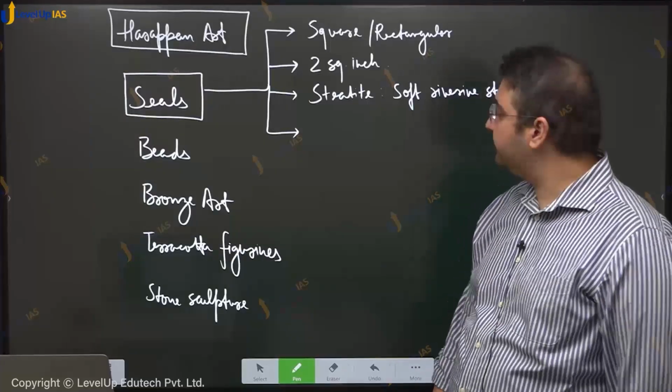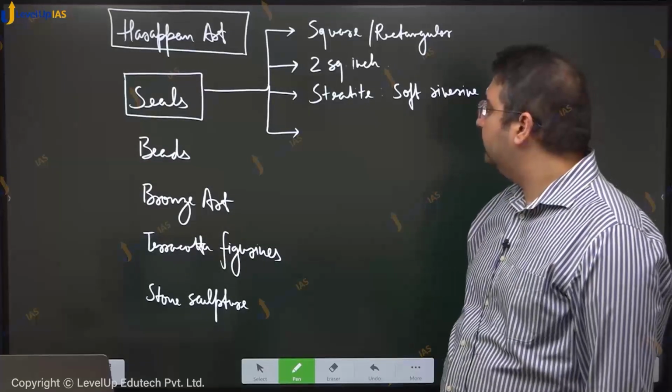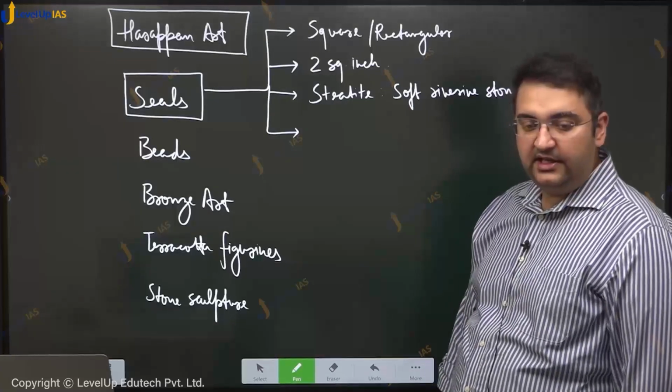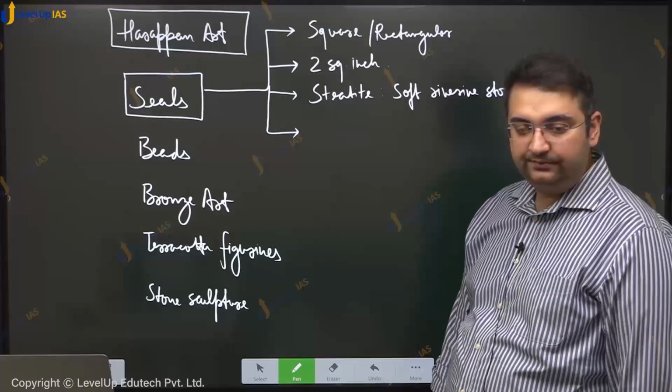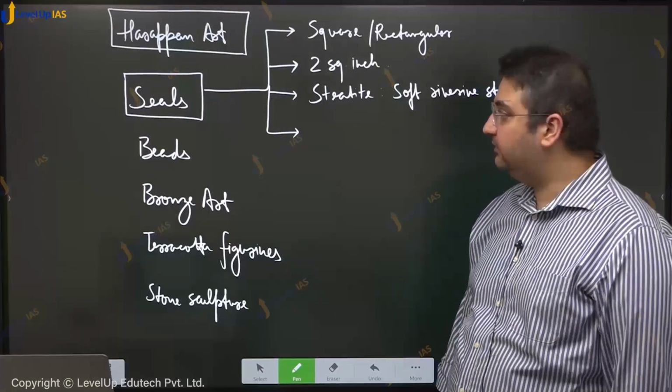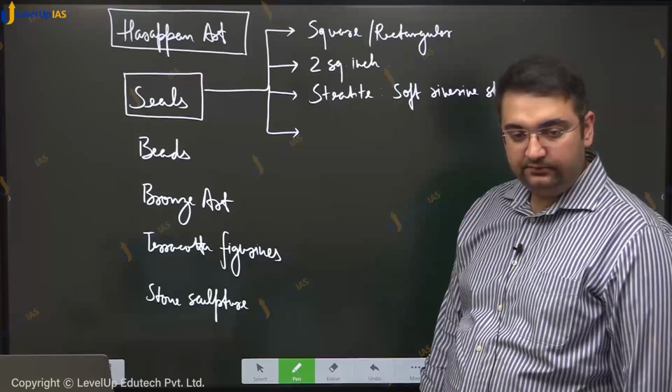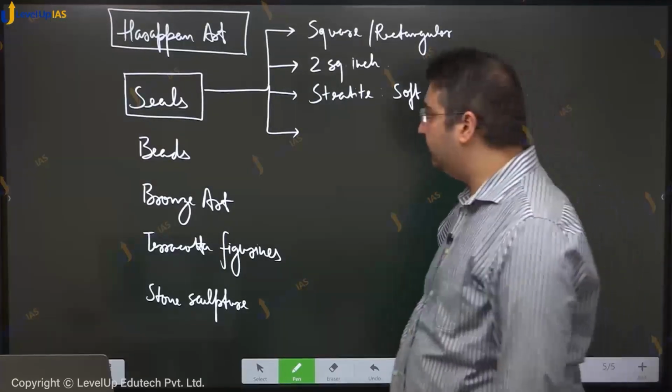It is a sedimentary rock, right? Then were these featureless or did they have certain etchings, certain carvings on them? They had carvings. What kind of carvings? Intaglio carvings or relief carvings? No, intaglio carvings.